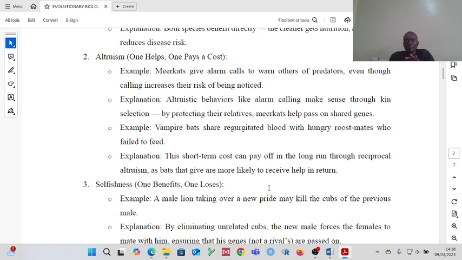But the benefit is you have protected your relatives. By protecting your relatives, you increase the chances that they will pass on the genes that you share. So that is an example of altruism, where you pay a cost, but in the process, you also help.